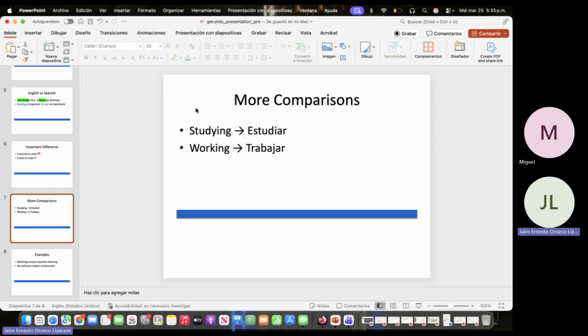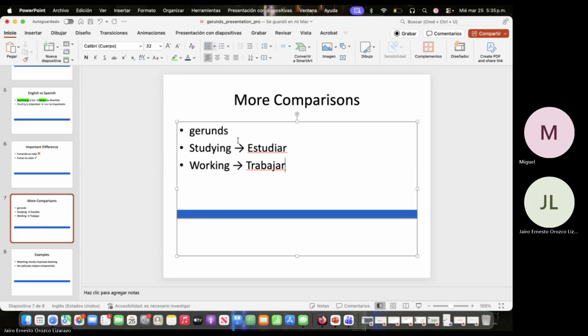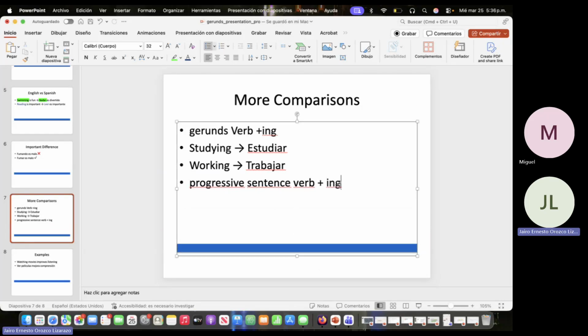Yeah, so studying when it is a gerund is estudiar. Working in Spanish, trabajar. Okay, so this is when they are gerunds. Gerunds, remember, verb plus ing. But if we are talking about a progressive sentence, which also uses verb plus ing, this is different.